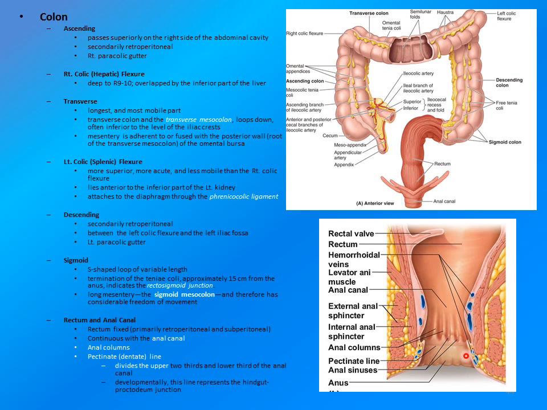Developmentally, this represents the hindgut from the proctodeum, with proctodeum derivatives being below the pectinate line or inferior to it. The anus also has an external sphincter muscle and an internal sphincter muscle, and a wide variety of veins that can become engorged and cause hemorrhoidal veins. It also has flaps throughout the canal that serve as rectal valves.